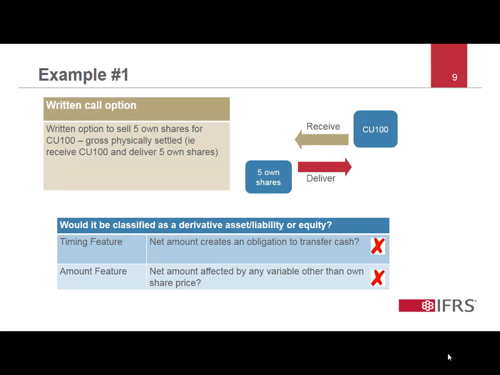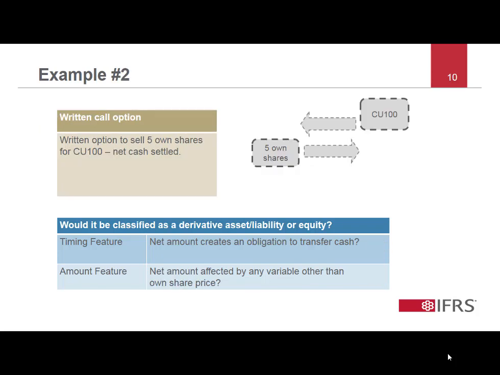Therefore, the only variable affecting the net amount of the derivative is changes in the entity's available economic resources. So the net amount of this derivative is not affected by any variable that is independent of the entity's available economic resources. Because you've answered no to both questions, the derivative would be classified as an equity instrument applying the board's preferred approach. This classification outcome is consistent with IAS 32.